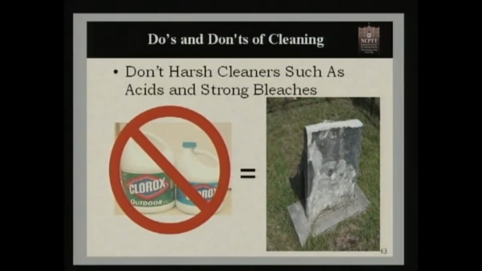Now, that last slide that we saw is a good example of the negative effects of bleach cleaner. The family actually told us that in the photograph of the stone you see on the right, the top half of that stone is lying in pieces in front of it. This stone was cleaned on a regular basis with Clorox bleach. They came out and cleaned it about once a week, once a month, something like that.